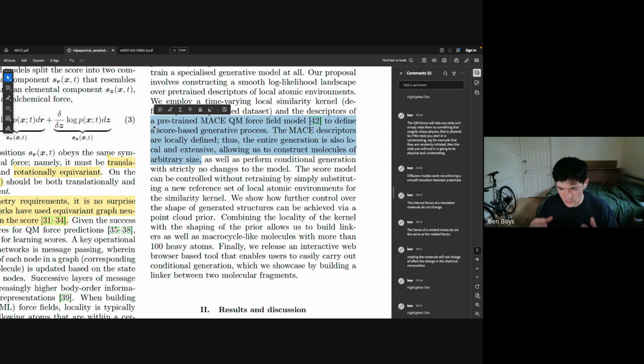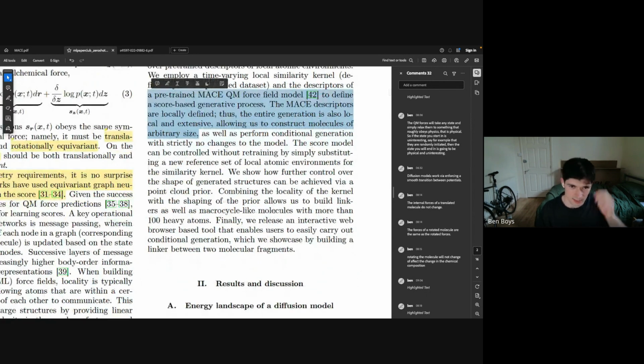So once you've got those local features, then you can use those features to construct graphs of arbitrary size, which is a neat idea. And without this, how do you scale graph machine learning? It's really difficult to perform summations over all combinations of different n-body order interactions.